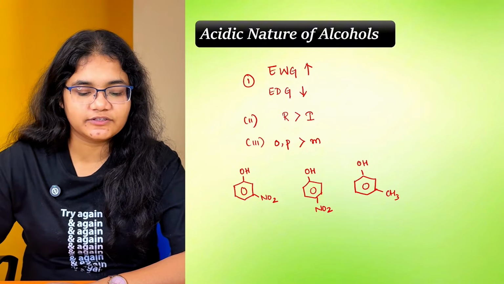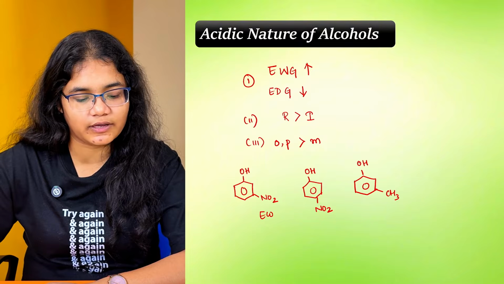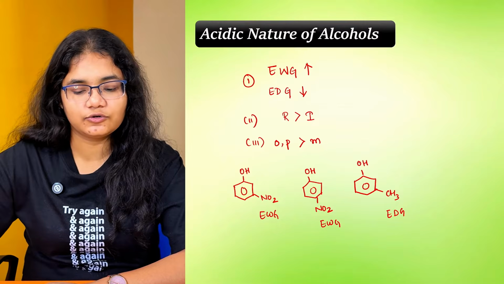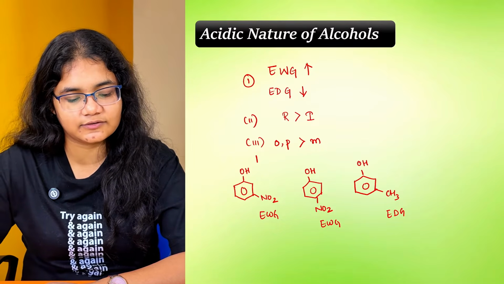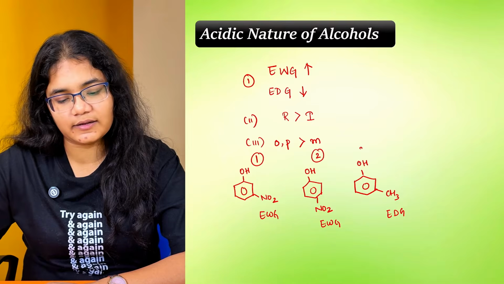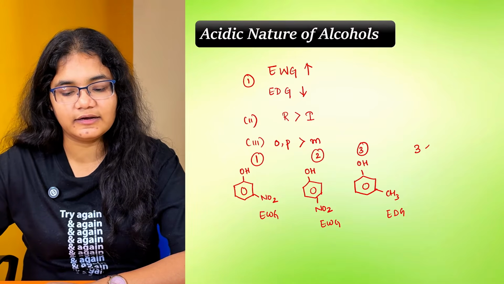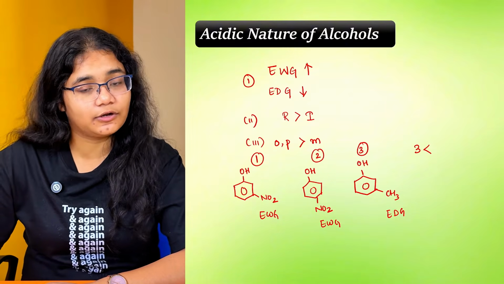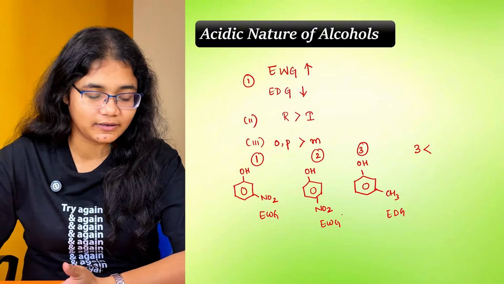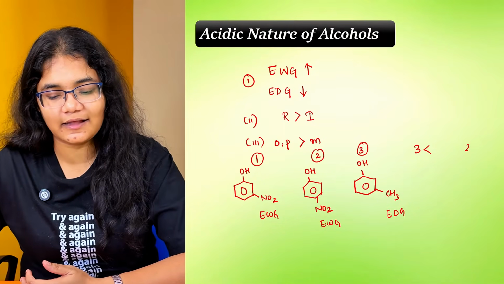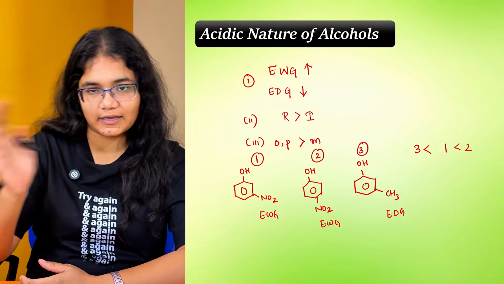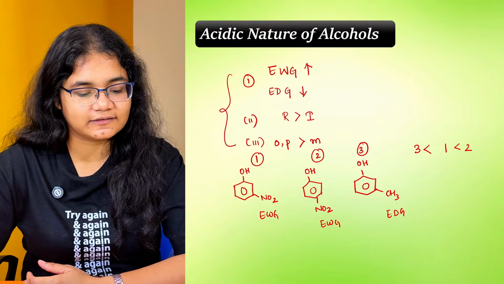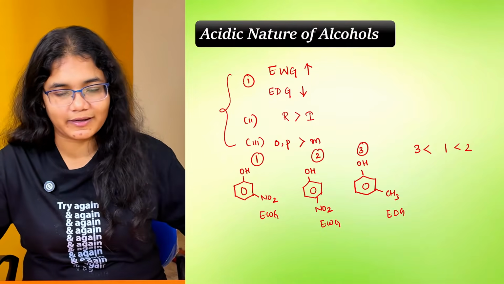Now see, first of all, this is an electron withdrawing group, this is also an electron withdrawing group, and this is an electron donating group. So the donating group will decrease the acidity. If I number it as 1, this as 2, and this as 3, then 3 will have the least acidic nature. Now if you compare 1 and 2, at the para position the effect is more predominant, so that one will be highly acidic, and then the other will be in between 2 and 3. So these are the three things you have to remember for acidic nature, and while solving questions we will do more questions on this.